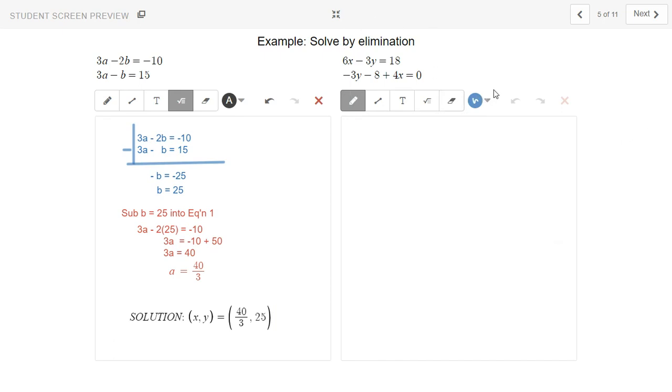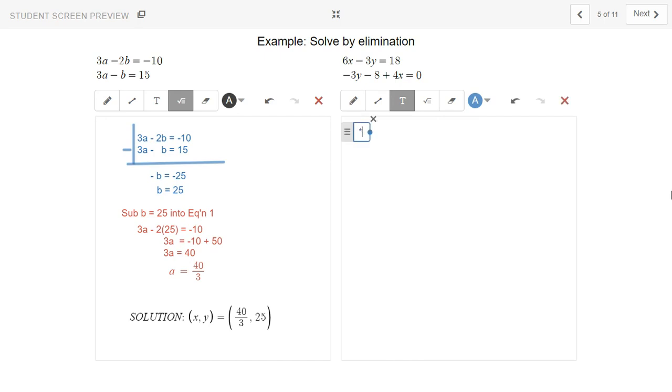Let's look at this example now. 6x minus 3y is equal to 18. The second equation, negative 3y minus 8 plus 4x is equal to 0. Now, it's a little bit tricky to line things up when they're not written in the same order.